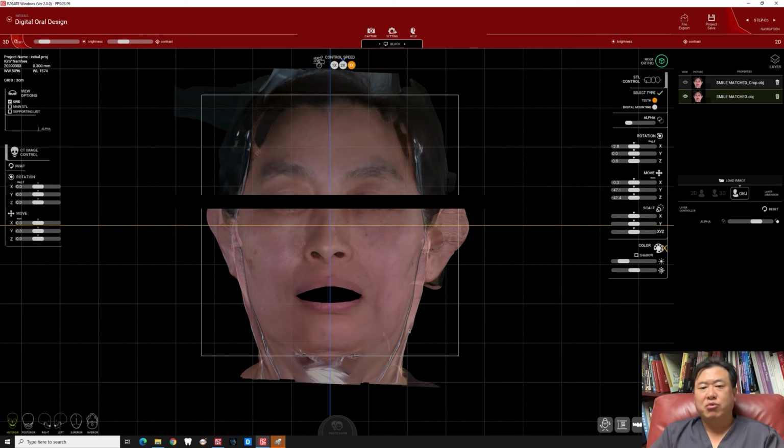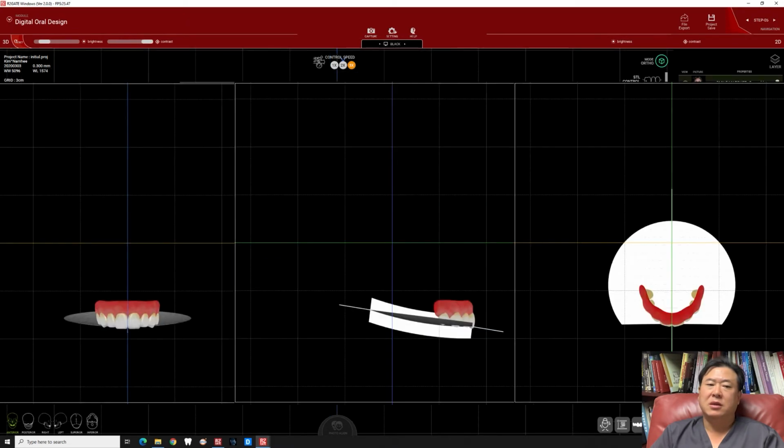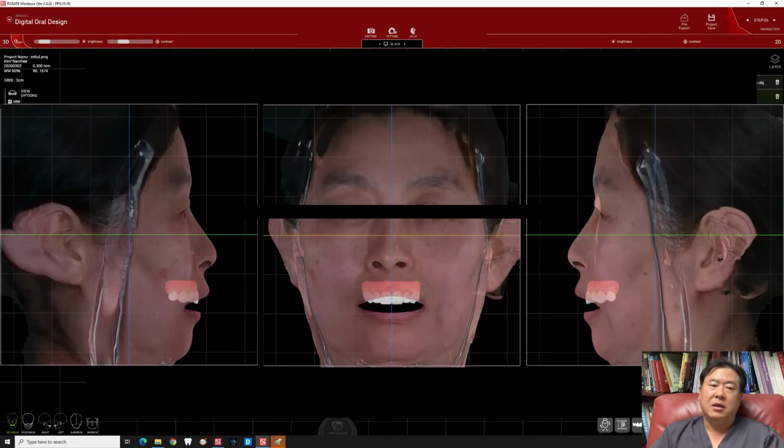Now I'm doing preliminary digital oral design of maxillary anterior teeth. With this occlusal plane as a reference, I quickly designed her maxillary anterior teeth, and it can be loaded with 3D facial scan here. Then I go to the next step.